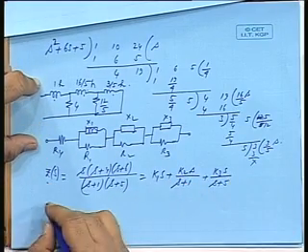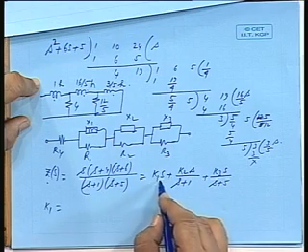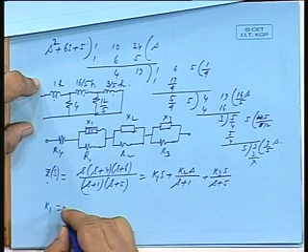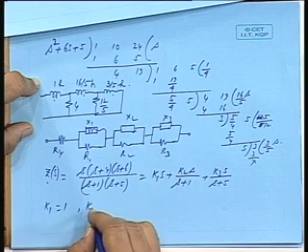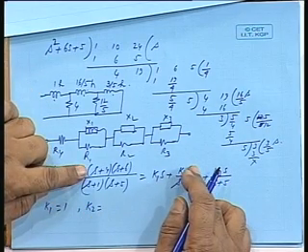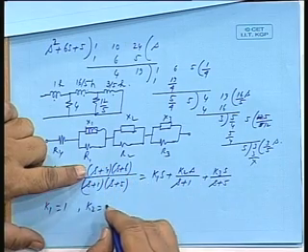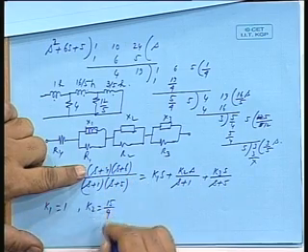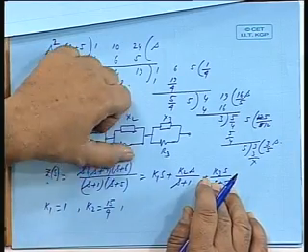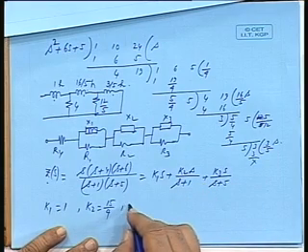So, this one K1 will be, if I divide by s, make s tending to infinity, this becomes 1. K2, divide by s, multiply by (s plus 1), make s plus 1 equal to 0. So, it is 3 into 5 by 4, 15 by 4. (s plus 5), so this will be minus 1 plus 1 and 4, so 1 by 4.